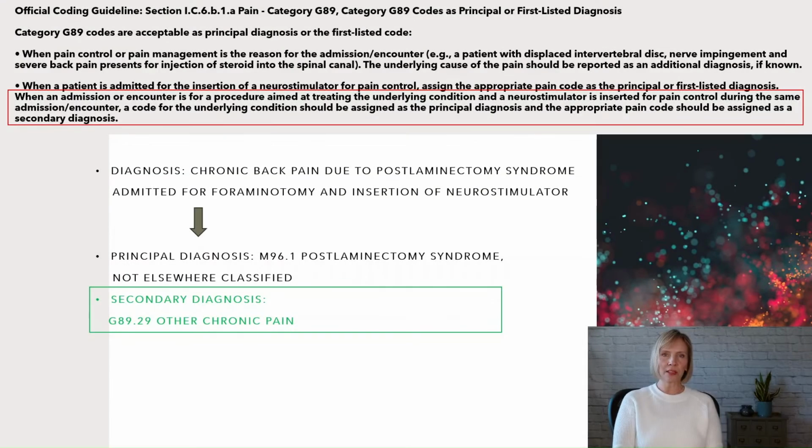For example, this patient with chronic pain due to post-laminectomy syndrome is admitted for surgical treatment of the post-laminectomy syndrome and to have a neurostimulator inserted during the same operative episode. In this case, the principal diagnosis would be the post-laminectomy syndrome, followed by the chronic pain code as a secondary diagnosis.